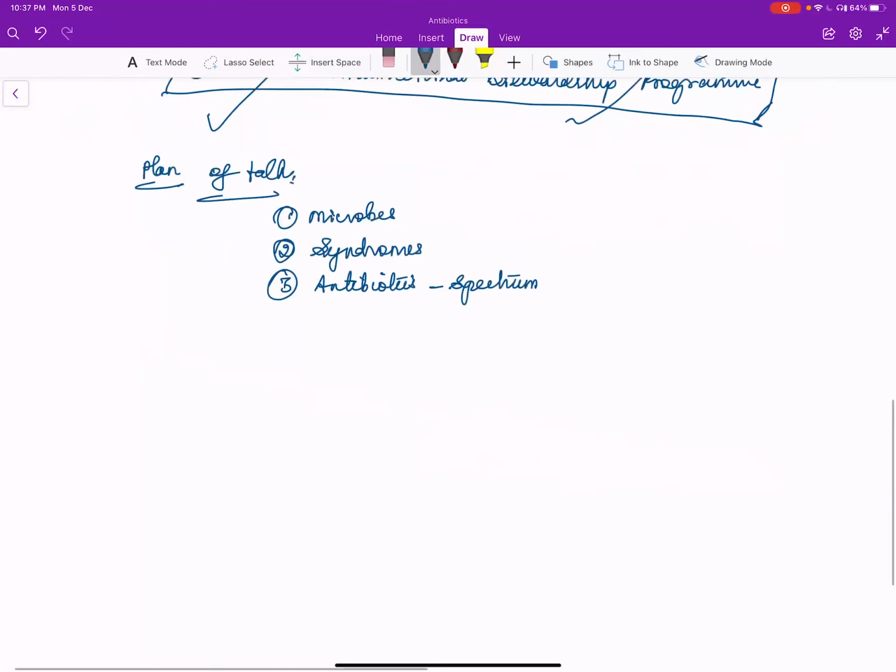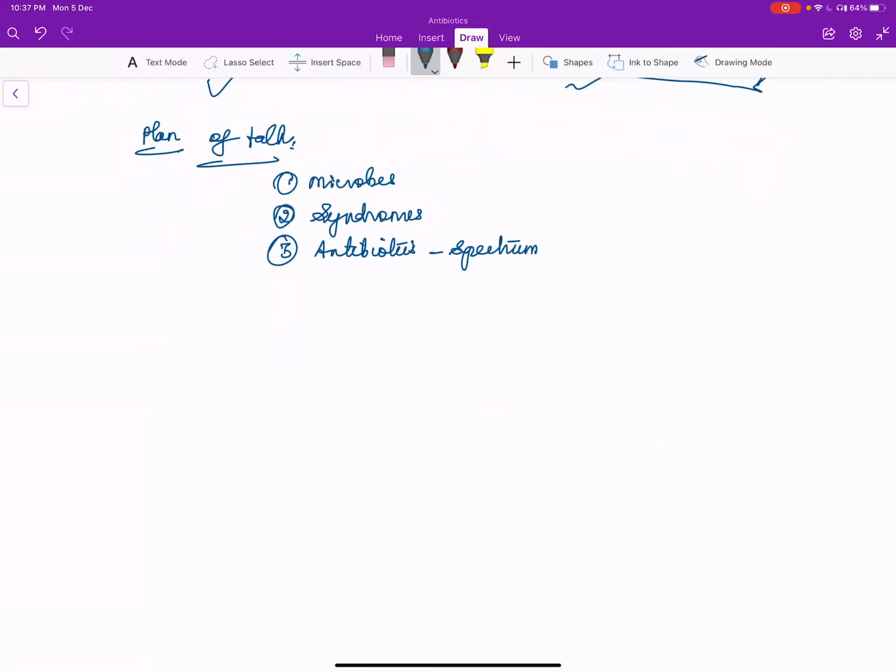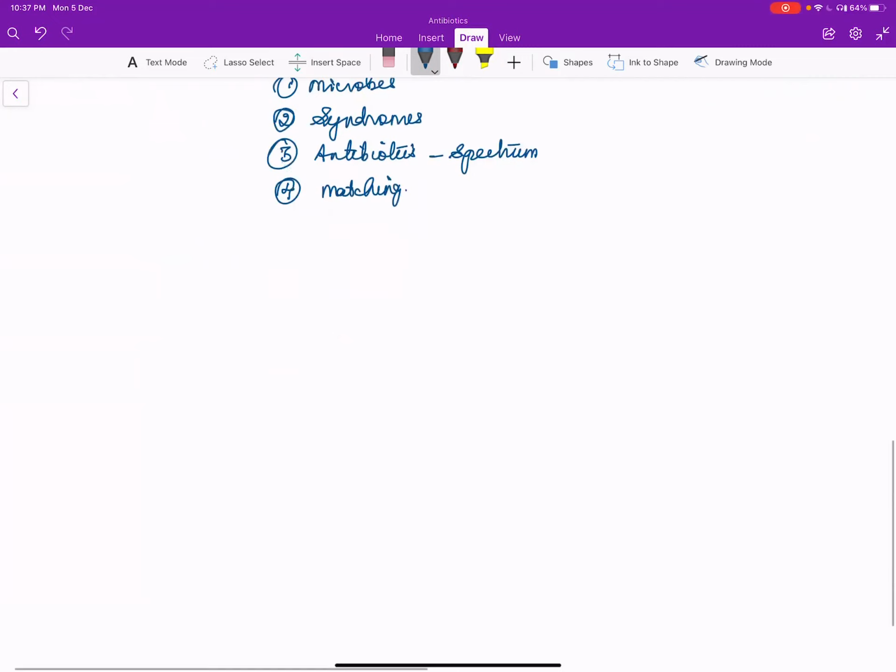Only if you know what antibiotics cover what organisms can you think about treating infection. Then we'll do some matching. I'll tell you some syndromes, and you will tell what antibiotics can be used. Finally, at the end of the discussion, we'll discuss the 2022 ICMR antibiotic guidelines.